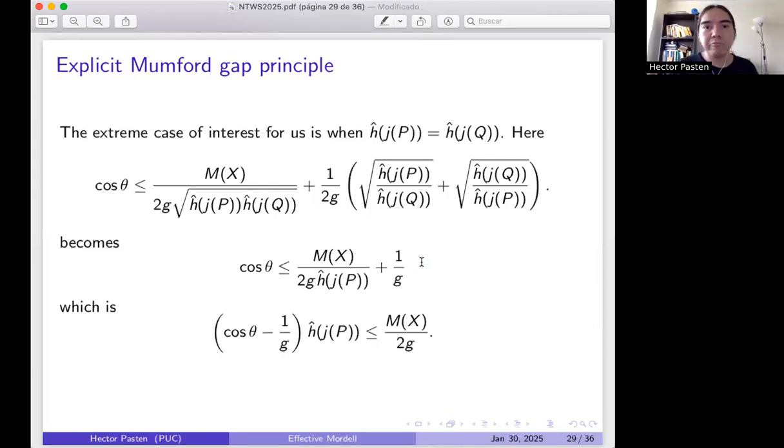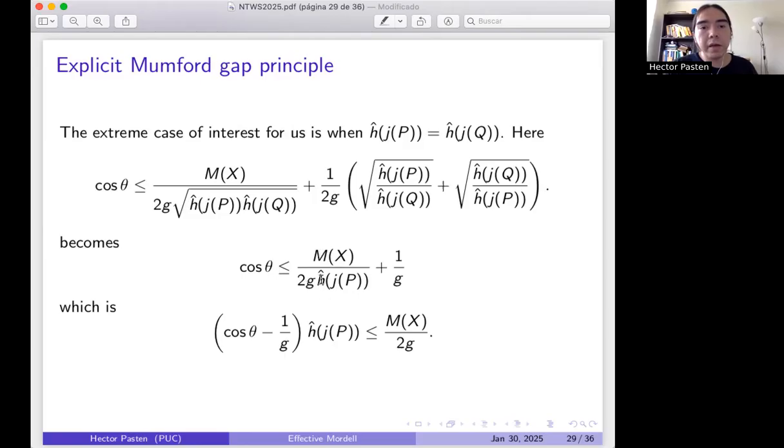Let's go to the extreme case when the two rational points have the same height. When they have the same height, these fractions become 1. So you get 2 divided by 2g. This square root disappears, and the cosine of the angle is bounded by this very simple expression. You move 1 over g to the other side.